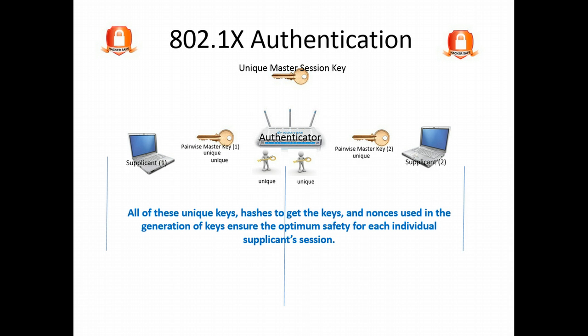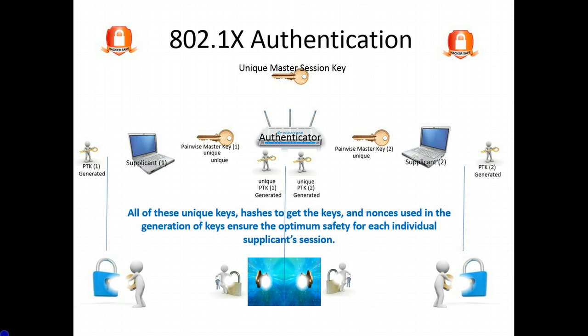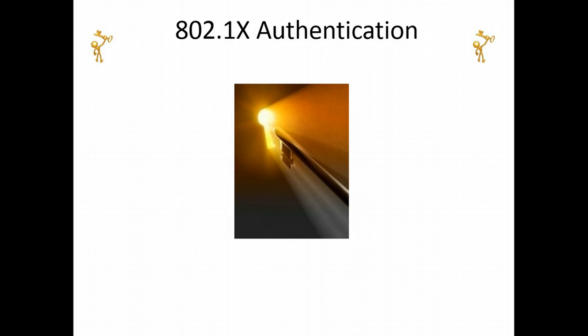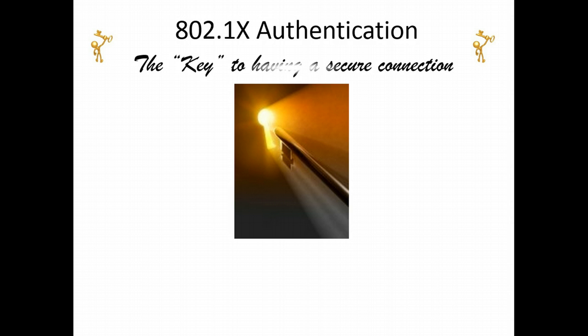That is the big difference between the WPA, WPA2 pre-shared key authentication and this one, 802.1x authentication. From those keys we derive our encryption keys, the pairwise transient key for unicast, and that creates our secure connections for each individual session. So going back and looking, 802.1x authentication, the key to having secure connections.